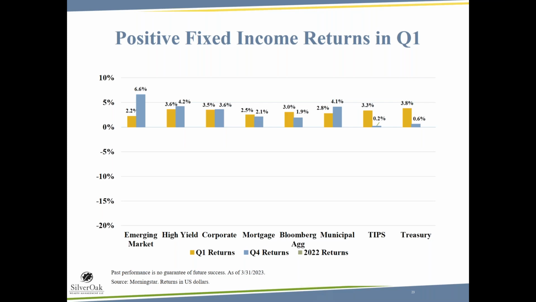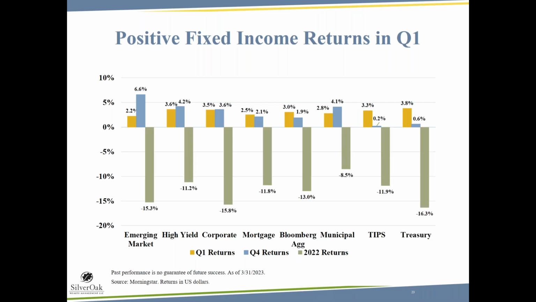Now that was a little bit more variable, but again, you put it together, decent performance from the fixed income side versus the full year being one of the worst years for bonds. Yes.